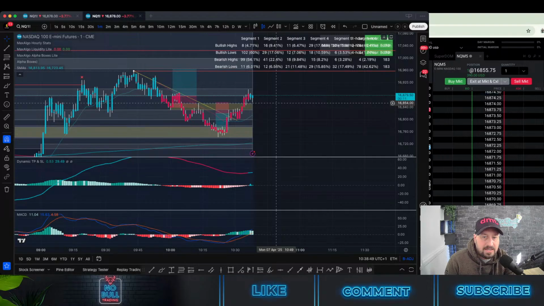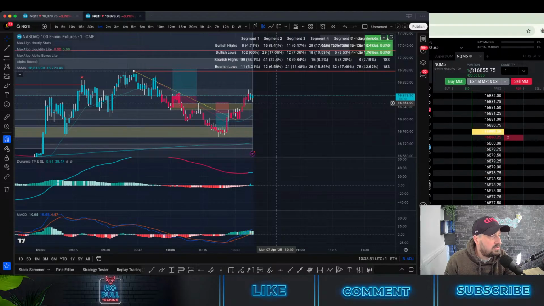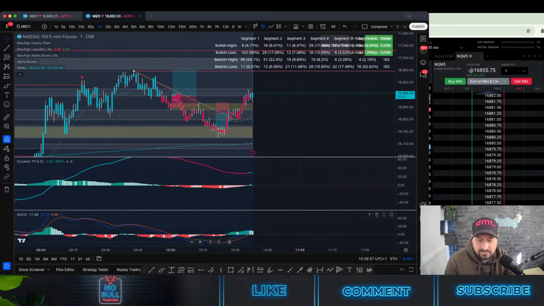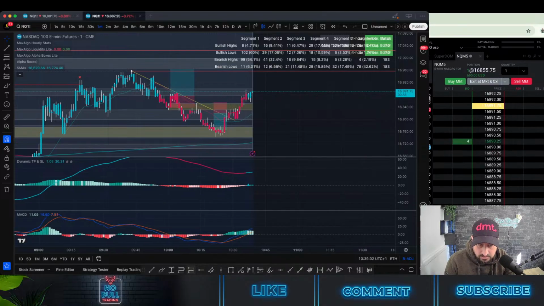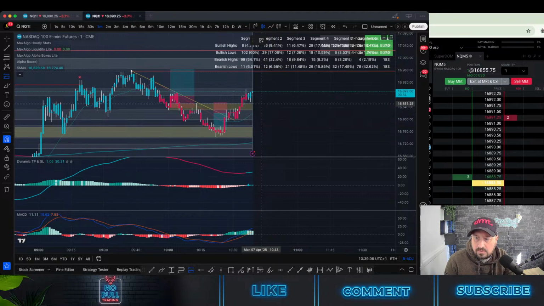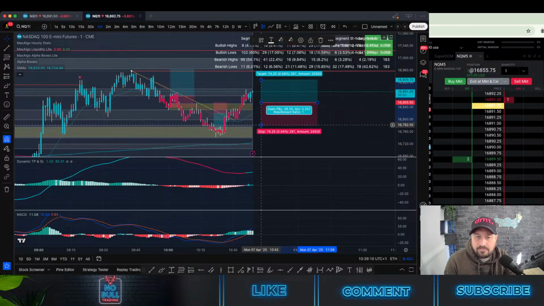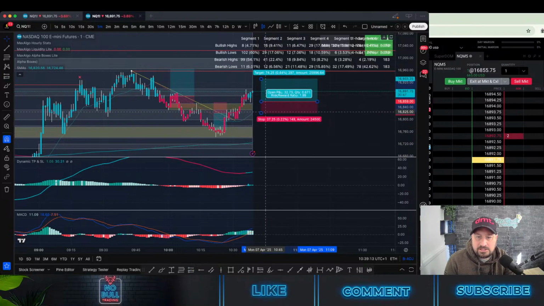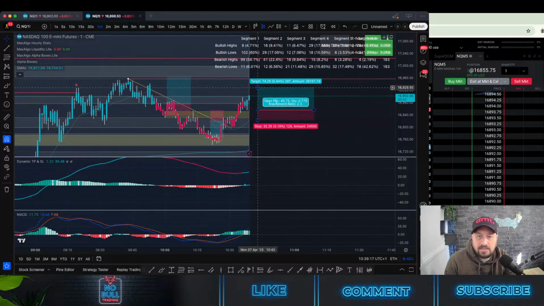I go in about here. Watch out, mark it on the chart. So 855. So we're looking at this really as a move, looking to bring it up here.